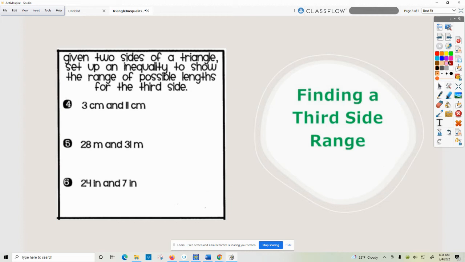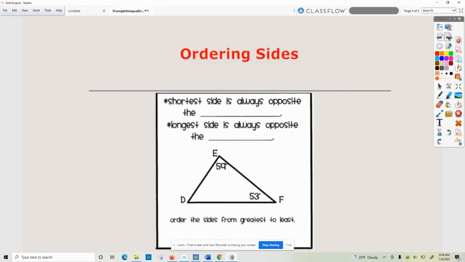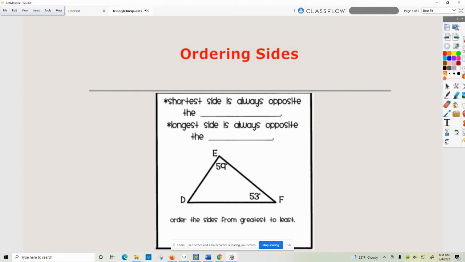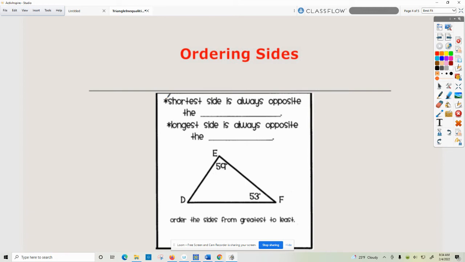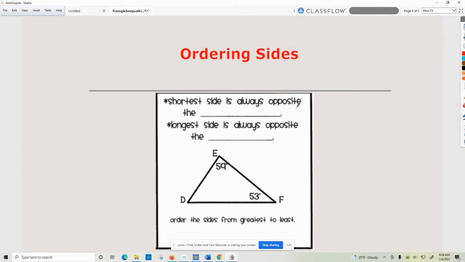Okay. Then we're going to start listing. And in order to do the listing, this is what I have to remember. The shortest side is always opposite the smallest angle.